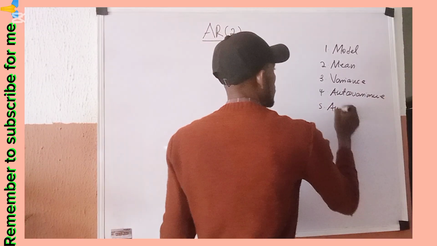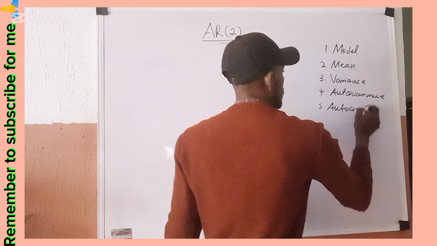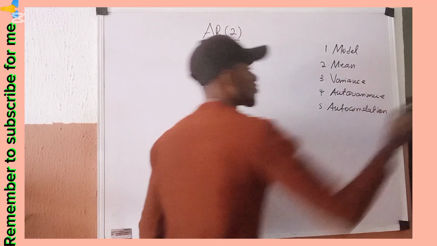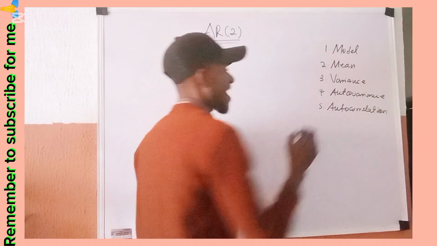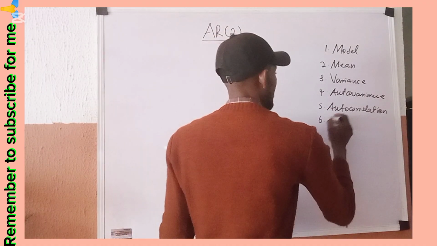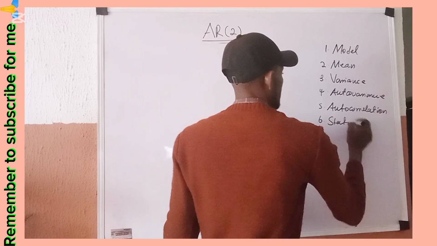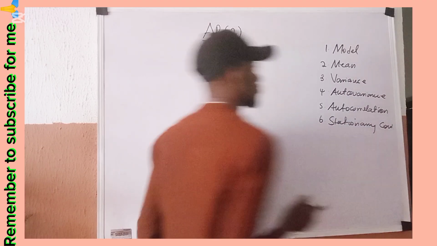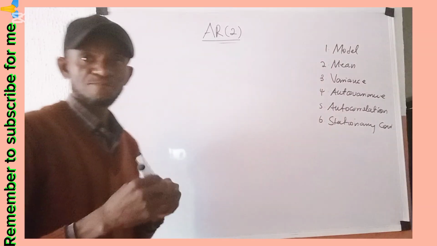We look at the autocorrelation function of AR of order 2 model. Then we now look at number 6, the stationary condition of AR of order 2 models.